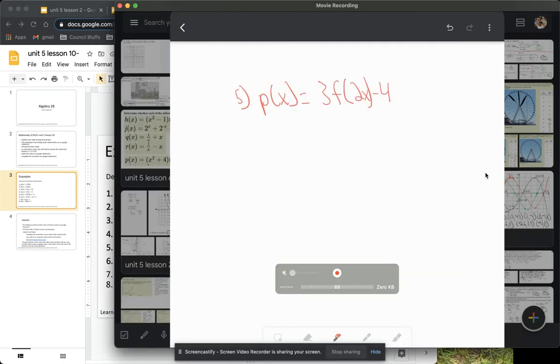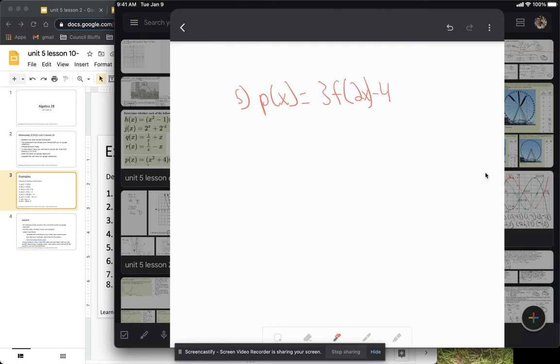Number 5, yeah. So this one there's multiple. You can see I actually have 3 transformations going on here. I have one here, I have one here, and I have one here. So I'm going to identify all 3 of those one by one.